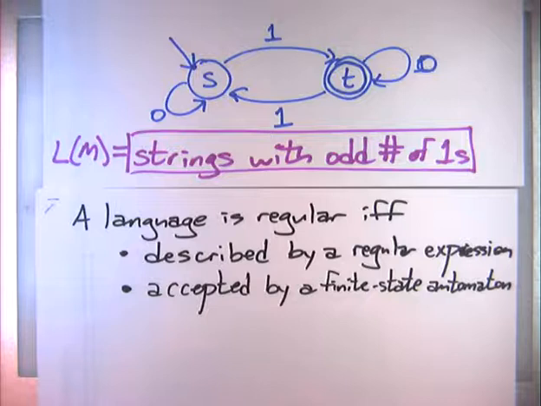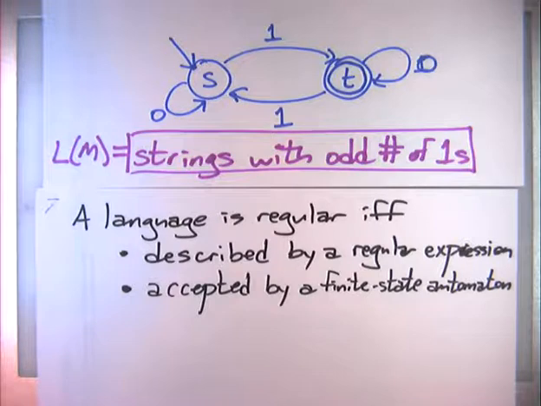Yes? So just to clarify, every finite state automata. No, so remember, the same regular language can be described by infinitely many different regular expressions, and similarly, the same regular language is accepted by infinitely many different finite state machines. There's no correspondence between a particular finite state machine and a particular regular expression. Okay?